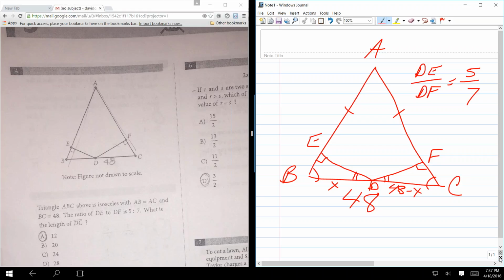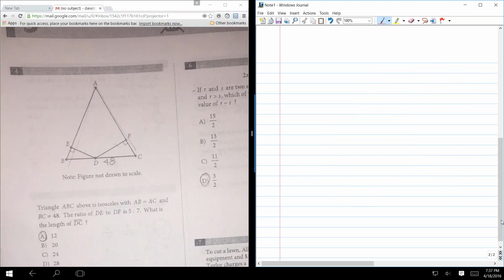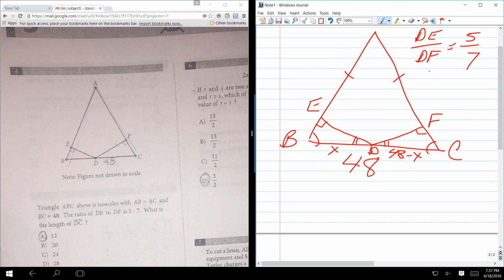Now, let's look at the similar triangles. I know that DE to DF is 5/7. Those are the proportional sides of similar triangles. So I can say 5 is to 7 as what? X is to 48 minus x.